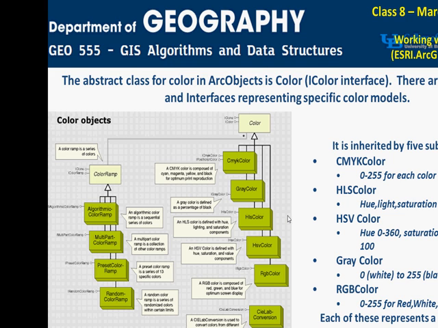So the two opposite extremes would be, and RGB is represented with three numbers, three 255s is white, all colors equally represented. Three zeros would be black. 0, 255, 0, for example, would be pure green. There's no red or blue represented in the color.